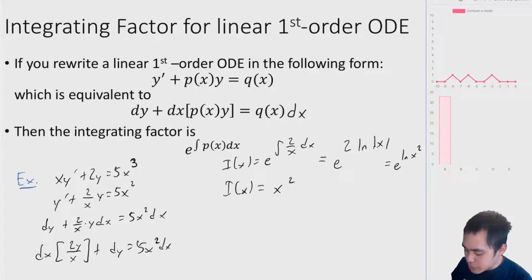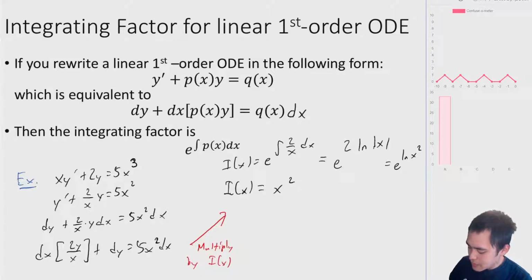Note that we have to put it in this canonical form first. So we're going to take this bottom one, and we're going to multiply by I of x.